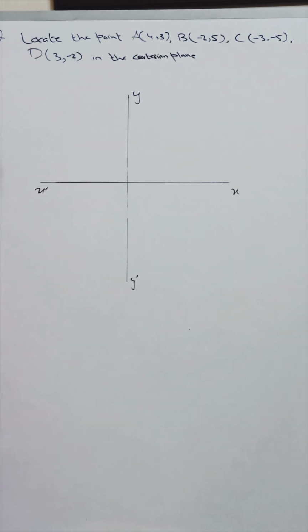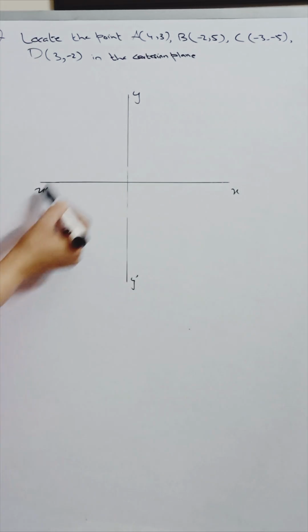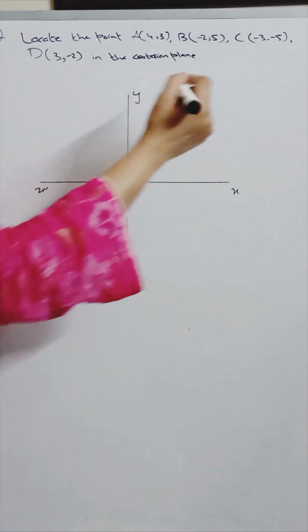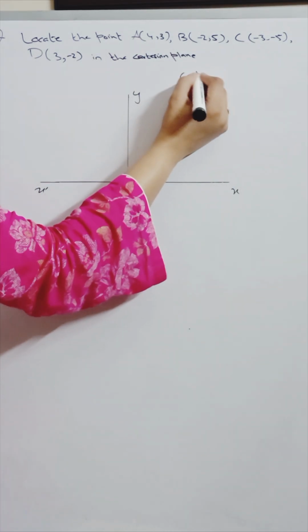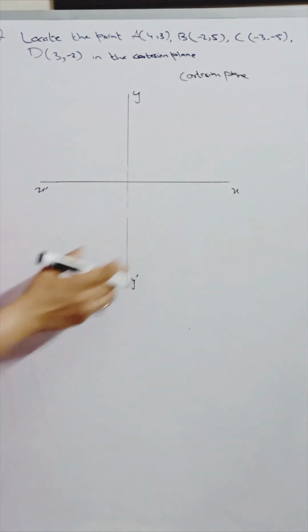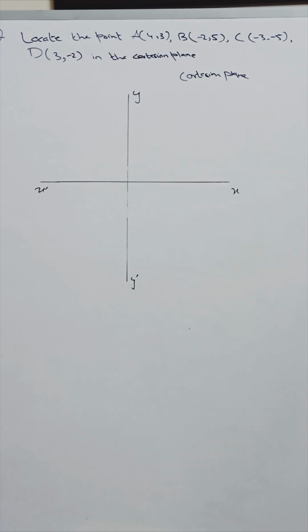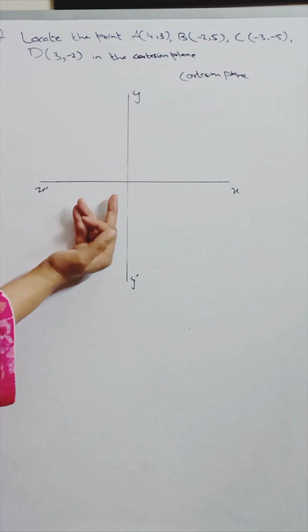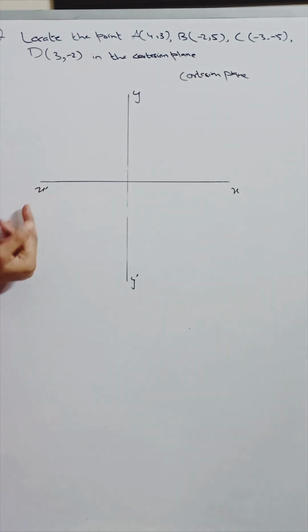This is called the Cartesian plane, with x dash, y dash. In this we represent the x-axis and y-axis. I am just recalling it. The x-axis is positive on the right side, and on the x dash side, it is negative.